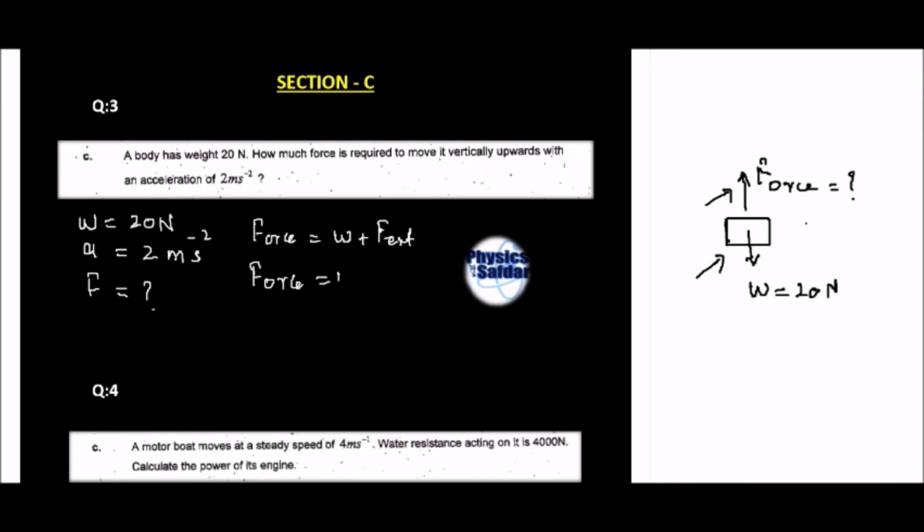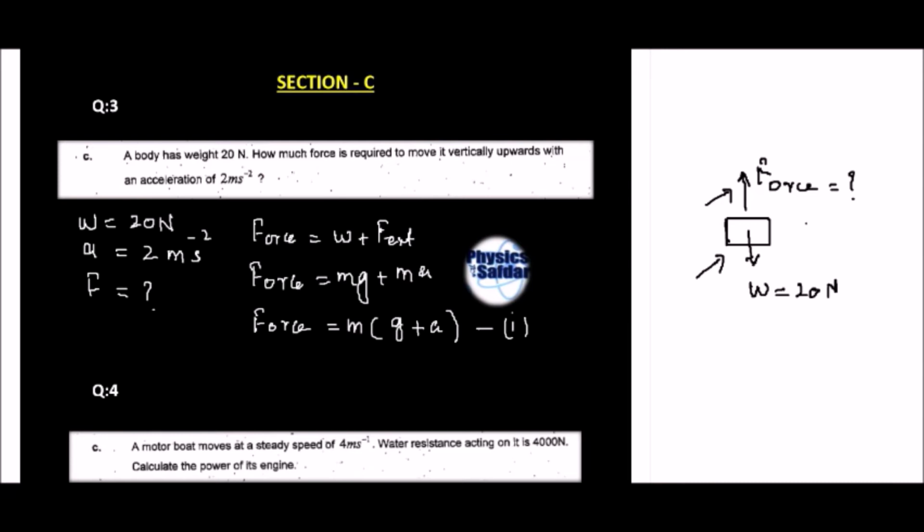The weight is equal to mg and external force, you know well, m times a. You can write by taking m as a common factor, g plus a. This is equation 1.